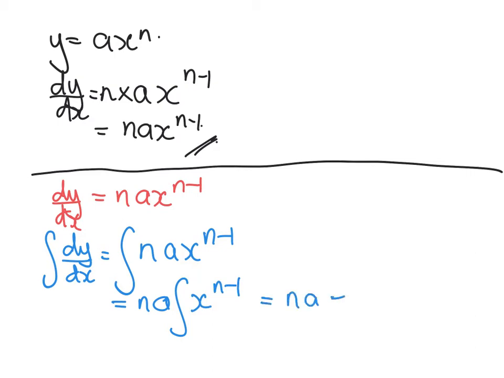Then when you integrate x^(n-1), for differentiation we subtract 1, but for integration we add 1. So negative 1 plus 1 gives you 0. What's left here is n plus 0, so it's just n. So you divide by n.